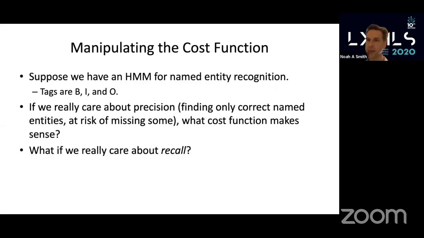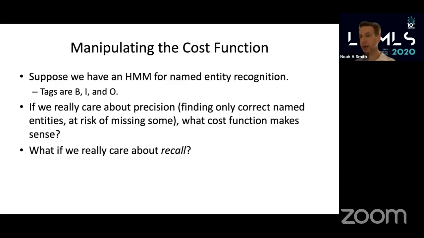When you solve a problem like this, you might be more interested in precision than recall, meaning I only want the things I find to be correct. I don't mind if I miss some, as long as the ones I choose to be named entity mentions actually are very likely to be named entity mentions. If I care about precision, then I might choose a very different cost function that penalizes some kinds of errors more than others.